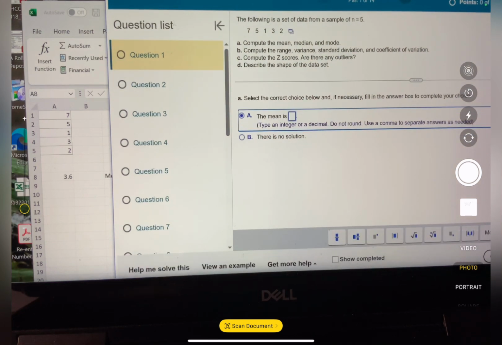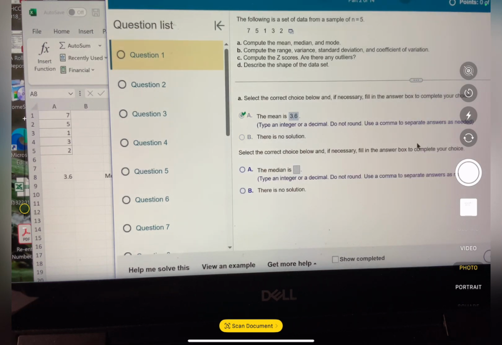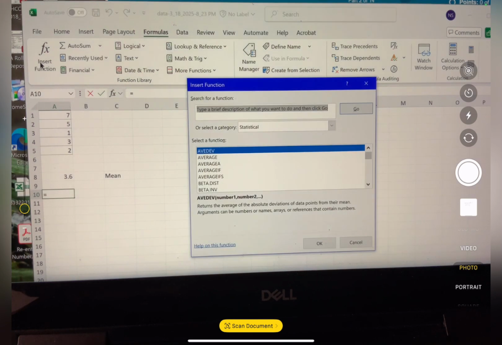Next we're going to go for the median. I'm typing median.